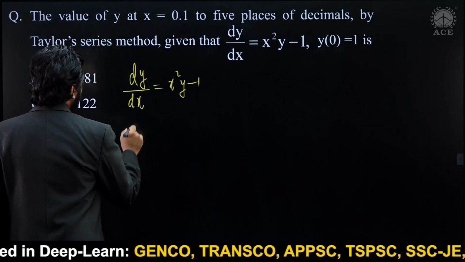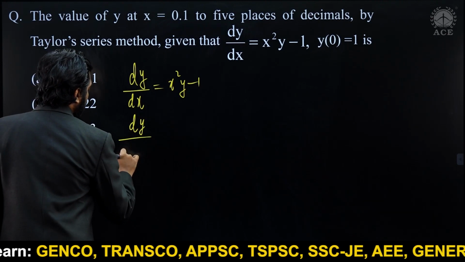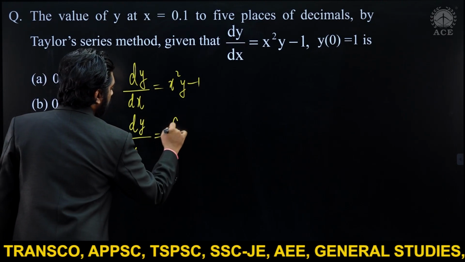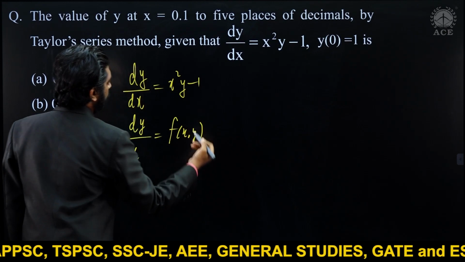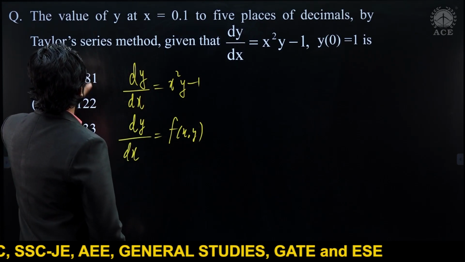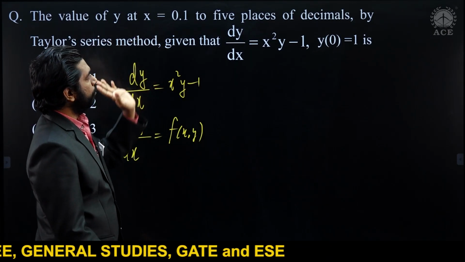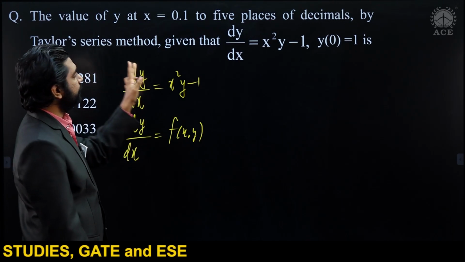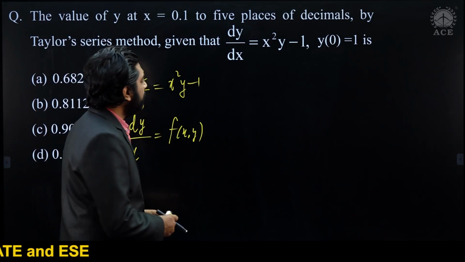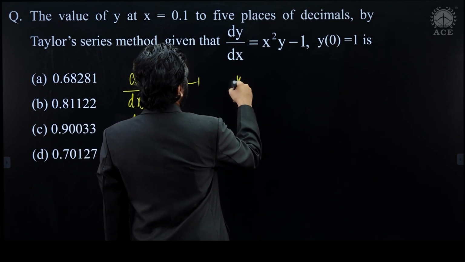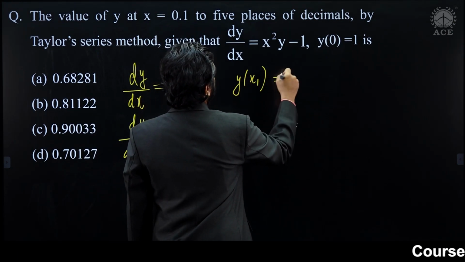This reminds me of dy by dx equal to f of x comma y. What is wanted? The value of y at x equal to 0.1 using Taylor's series method. So what would be the Taylor series? Let's say, what is y of x1?